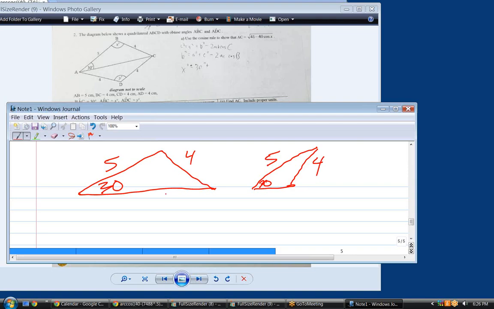We're dealing with side-side-angle, which means that is not a unique triangle. There's a possibility that you could have two solutions. And this is one of those possibilities.